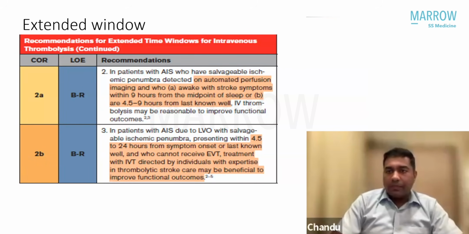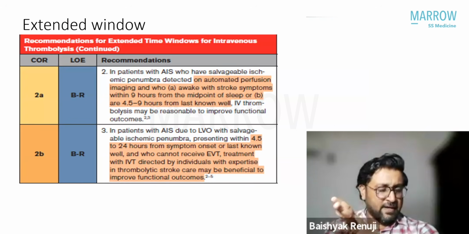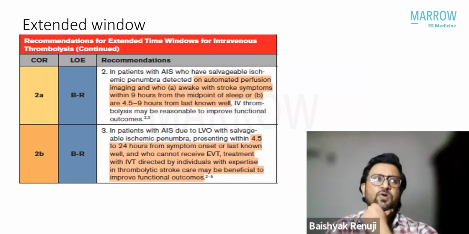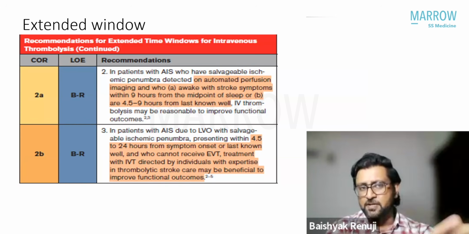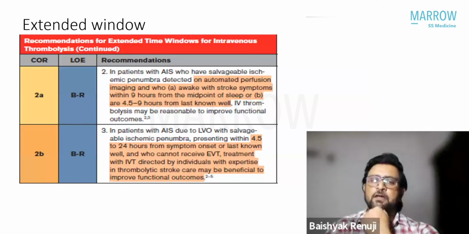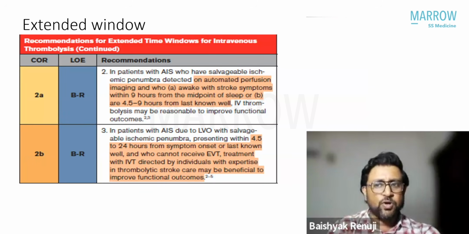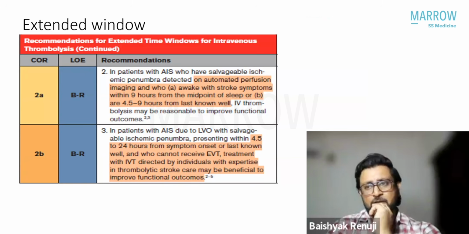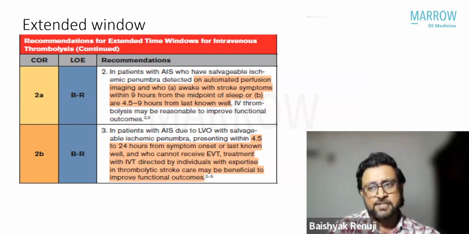That's what the 2B guidelines tell us. Is it so? Yeah, but I was going through all the studies which they had mentioned in the extended window, as well as searching for studies on diffusion FLAIR mismatch. What I found was really interesting. Diffusion FLAIR mismatch can be used only for wake up stroke. In a non-wake up stroke, they are not suggesting lysis.